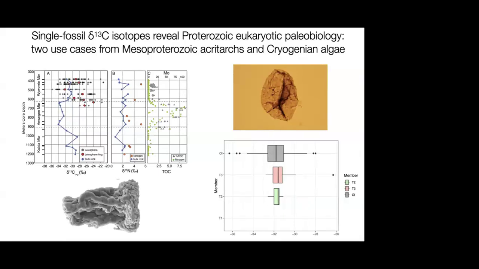I was going to ask if you knew anything about the composition, in terms of if anybody's done Raman or some sort of analysis like that on the composition of the Velkerri acritarchs, perhaps in contrast to your Cryogenian stuff.